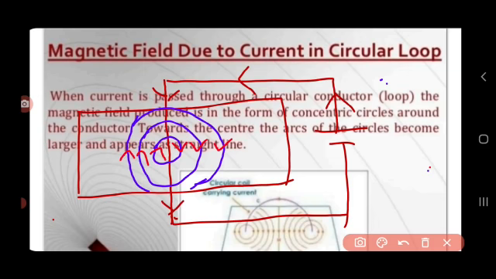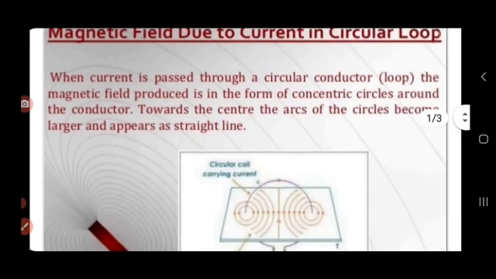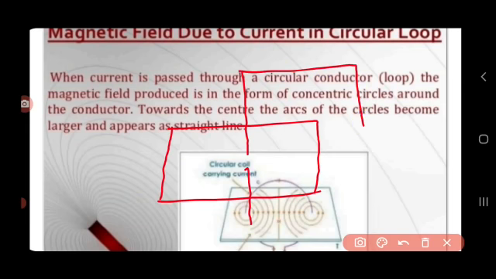So when current is passed through the wire, it changes into a magnet, and when we tap the cardboard, we'll see the iron filings arrange themselves in the form of concentric circles, showing the magnetic field of the magnet.